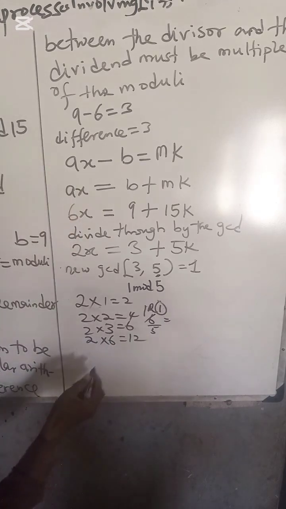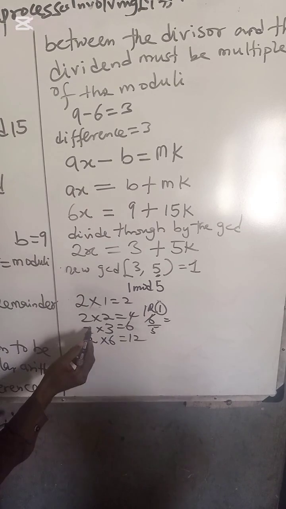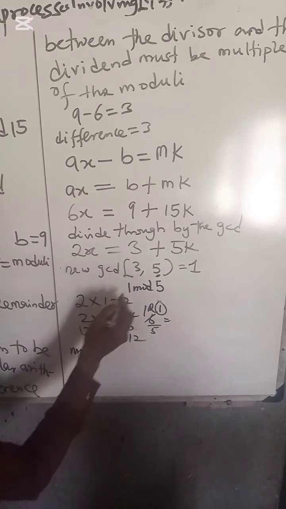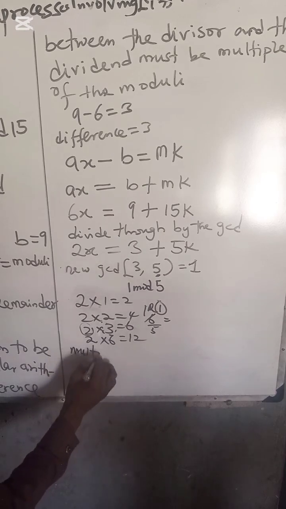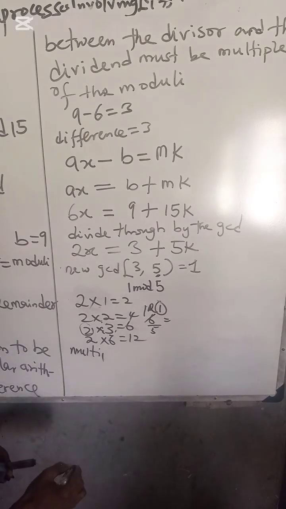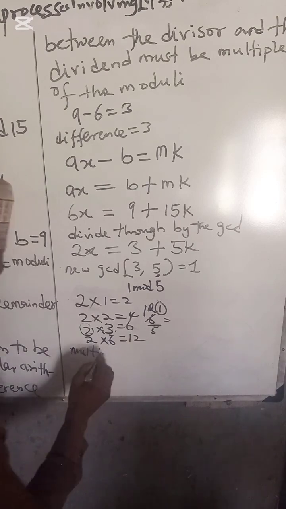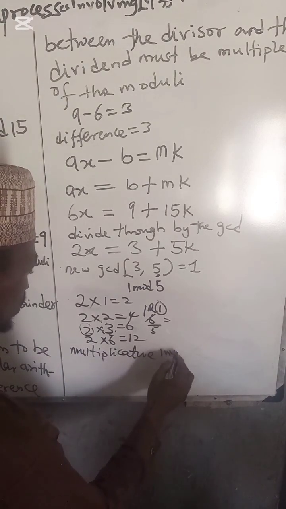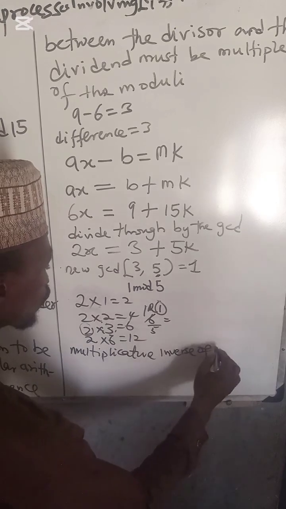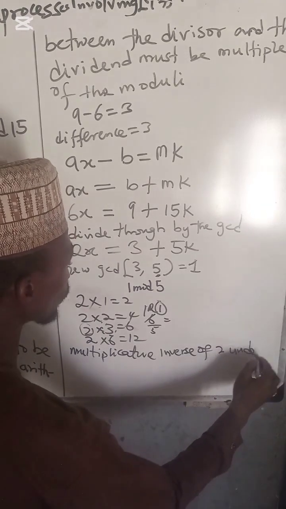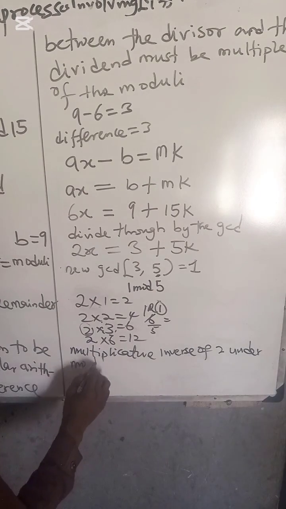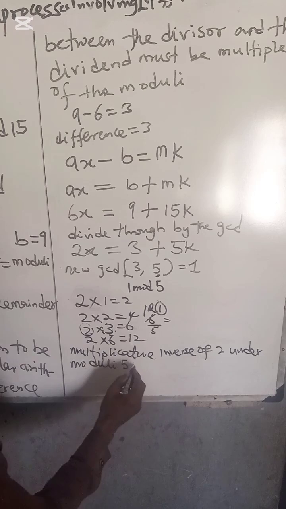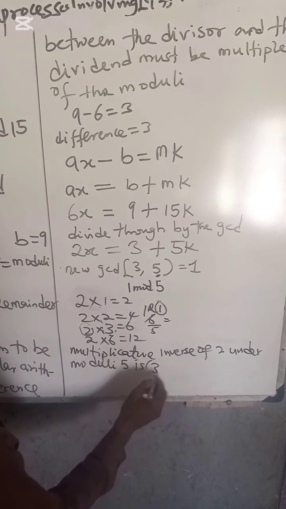That technically means that the multiplicative inverse of 2 under modular 5 is 3.